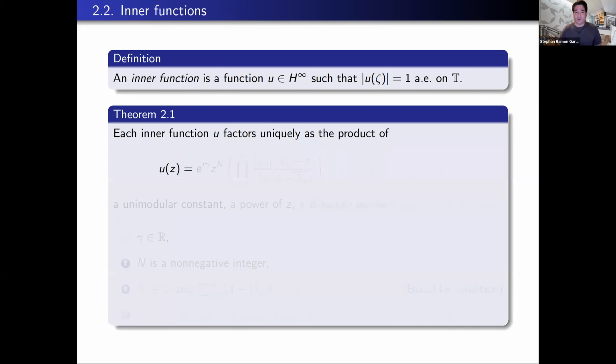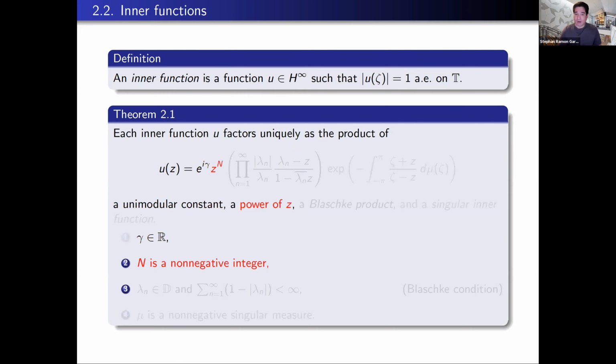So I'm just going to need you to recall really briefly, an inner function is a bounded analytic function that has unimodular boundary values almost everywhere on the circle. And you may recall that these come in a variety of flavors. They are unimodular constants times a possible power of Z times a Blaschke product.